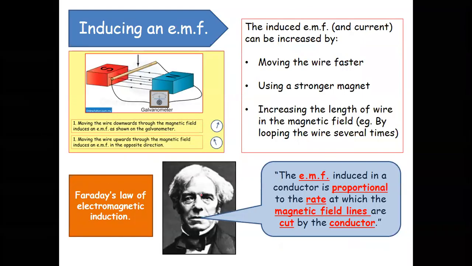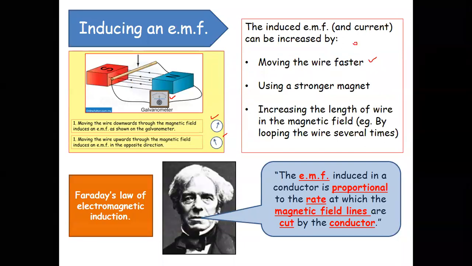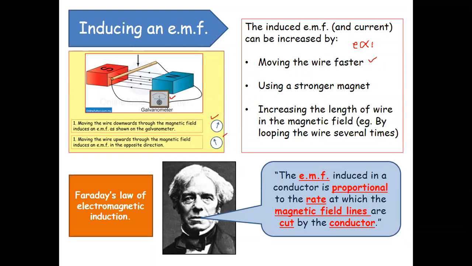So here is the one who has identified or given Faraday's law of electromagnetic induction. What he means to say is how I can increase the voltage induced in a conductor. If you move your conductor faster, the EMF induced increases. That means EMF induced in a conductor is directly proportional to angular velocity, or omega.